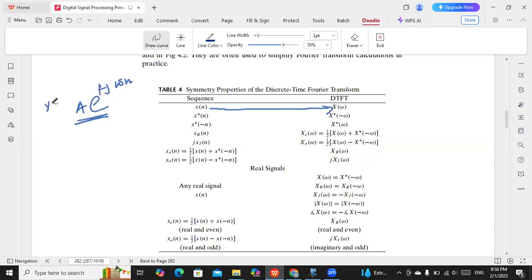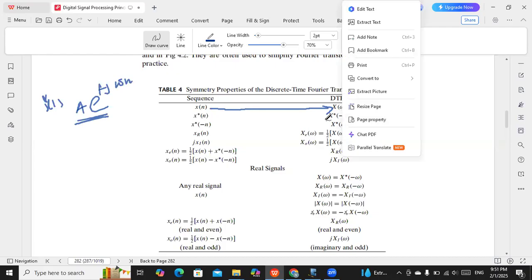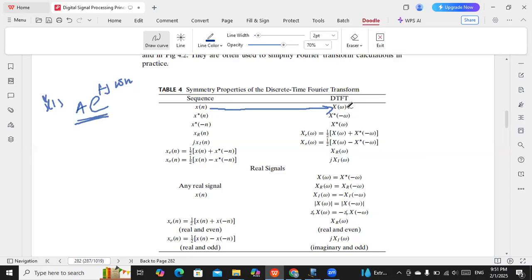If x[n] is e to the power minus j omega n, x conjugate will be plus j omega n. So you will have the conjugate but with minus omega. You need to get the conjugate of the Fourier transform, then replace omega by minus omega. These are maybe not much important.